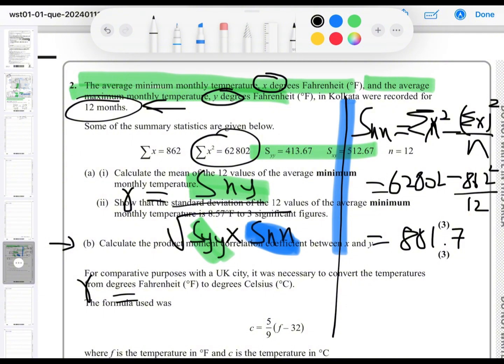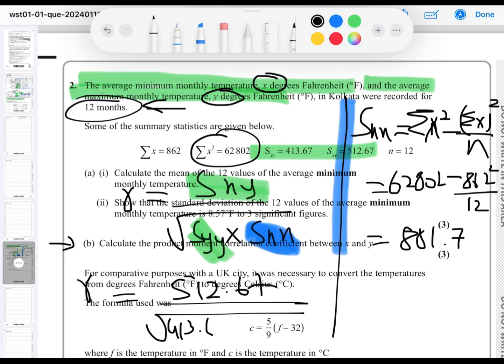Now I'll put it in this formula to find the correlation coefficient. Sxy according to the question is 512.67 upon the root of Syy, which they already gave in the question, and we will also give this to two decimal places, because they are already dealing with two decimal numbers.